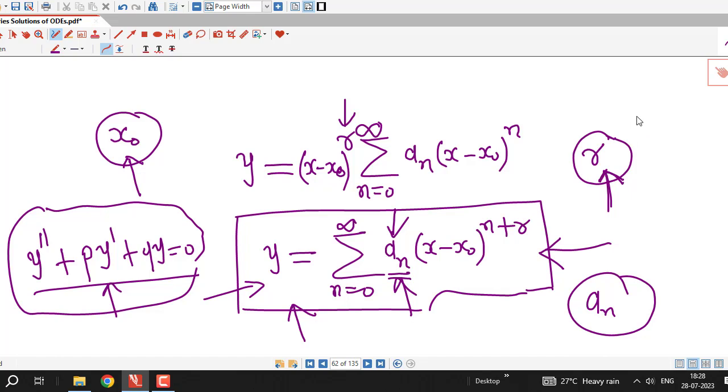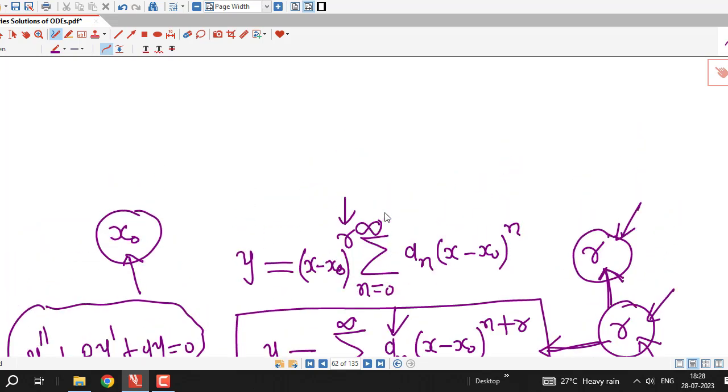Here the new thing is this power r. So we will decide the values of r also, but that I will discuss with the help of an example. It is not easy to discuss this quantity r directly. That we will understand while we are doing one problem related to this Frobenius method.